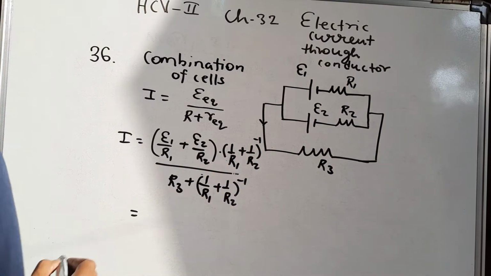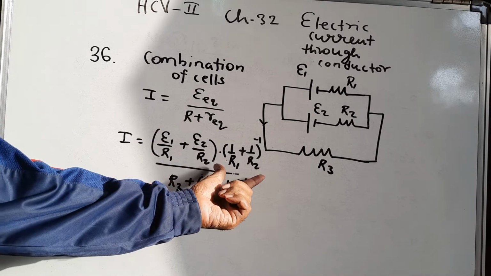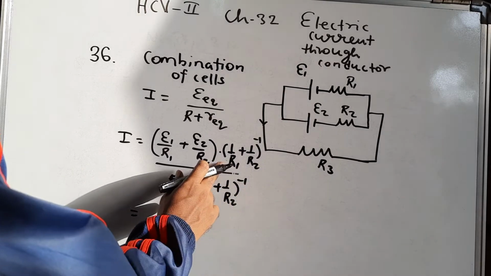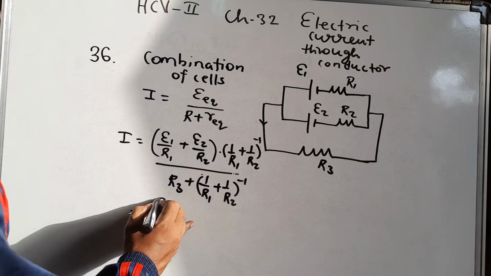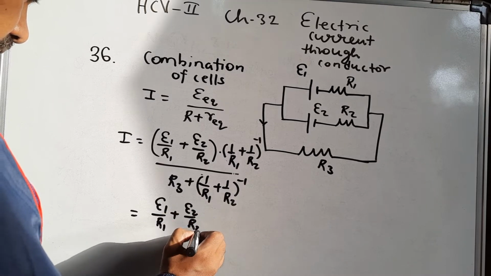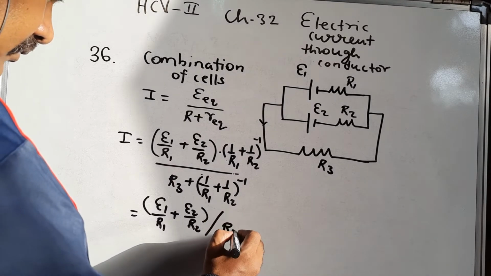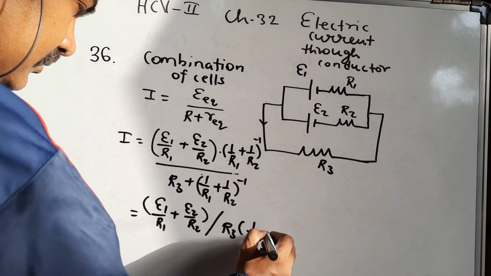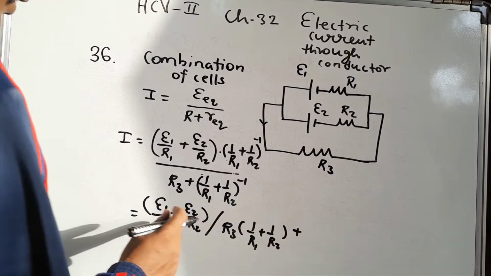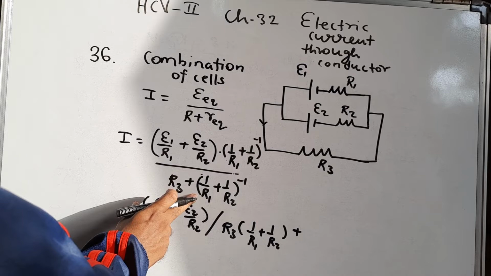So this is equal to, if I multiply up and down by 1 by R1 plus 1 by R2, inverse of this, I get E1 by R1 plus E2 by R2. So this will cancel, divide by R3 into 1 by R1 plus 1 by R2, plus I multiply 1 by R1 plus 1 by R2. If you multiply this with 1 by R1 plus 1 by R2, it becomes 1.